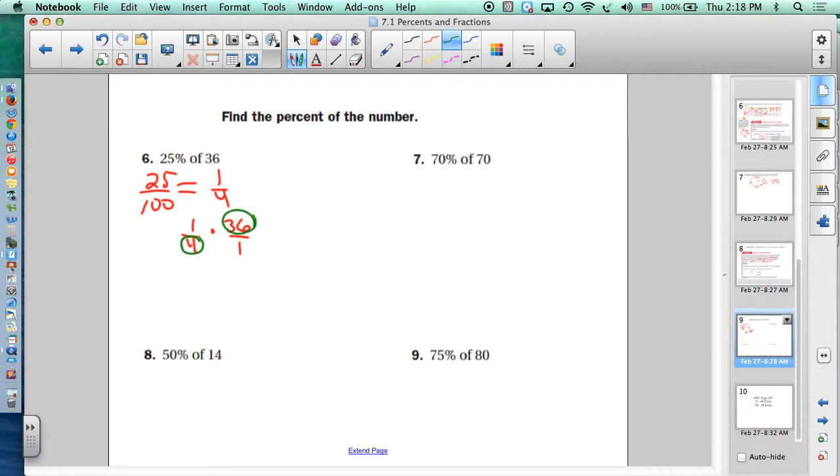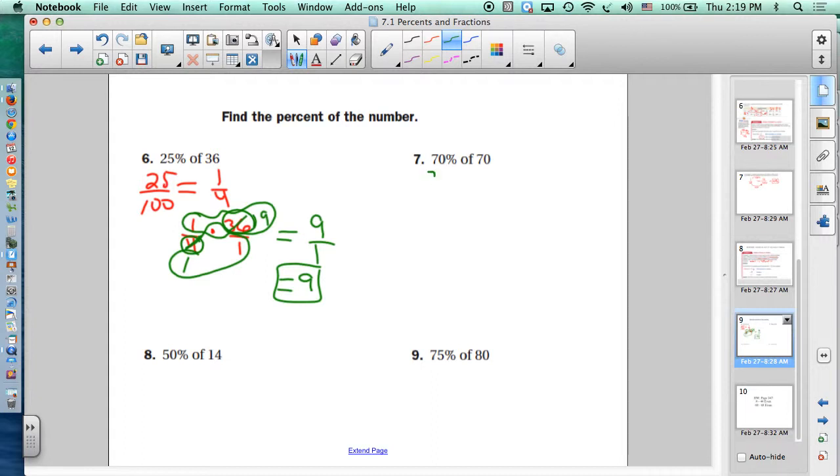If any numerator or denominator has a common factor, we can cancel them out. So 4 goes into itself once, 4 goes into 36 9 times. So now we're left with 1 times 9, which is 9, over 1 times 1, which is 1. So our answer then becomes 9.